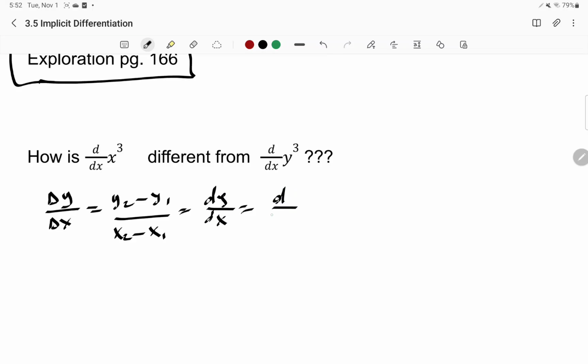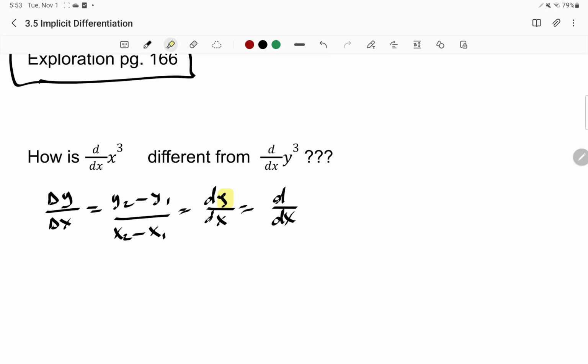Now sometimes, if the function variable, which is this y, changes, then you just leave it as d over dx. X is still your independent variable, and whatever variable they use as your dependent is unknown depending on the problem.